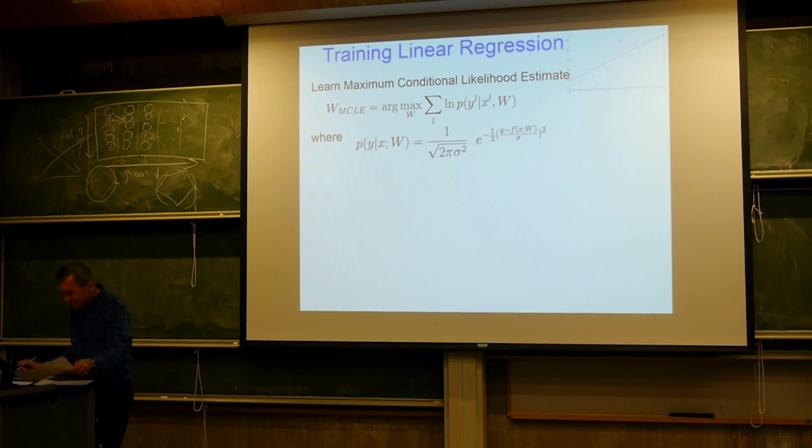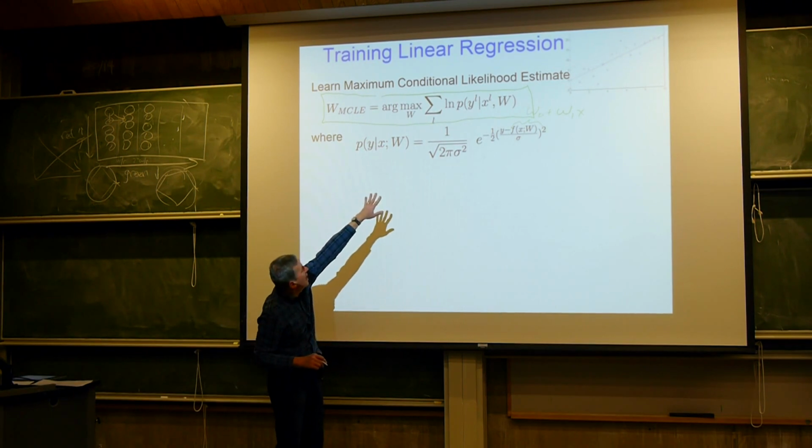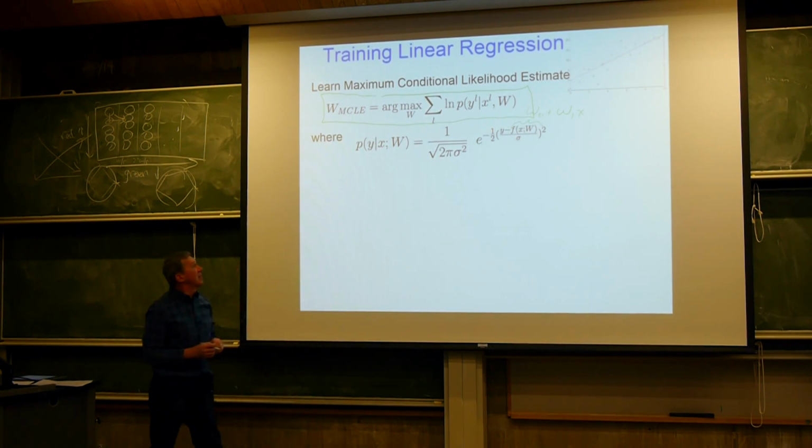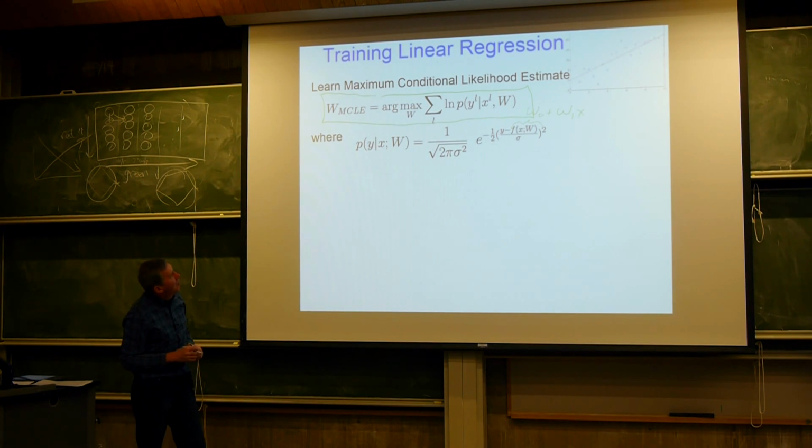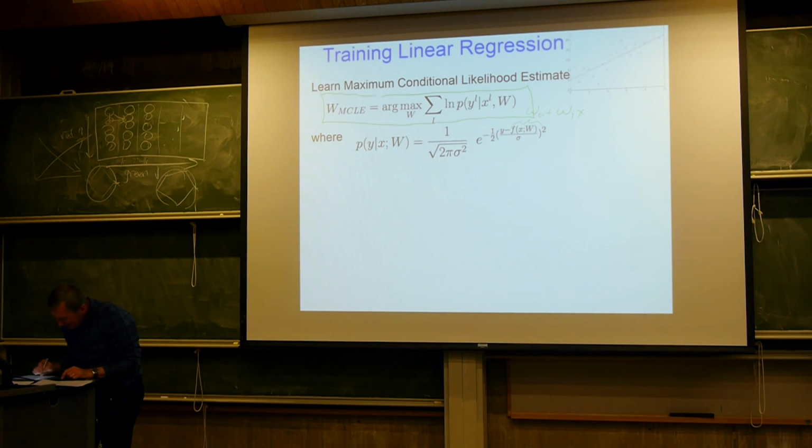Okay, so let's do that. Again, this quantity is going to be W0 plus W1x. And what I want to do again is find the weights W0 and W1 that maximize the log of the conditional likelihood. I can write out that expression, given that we agree that P of y given x is this Gaussian.